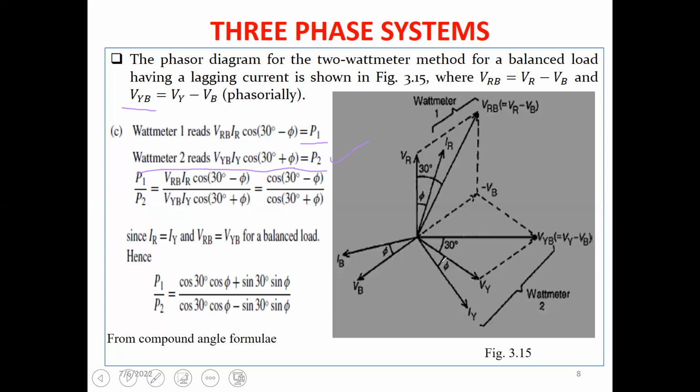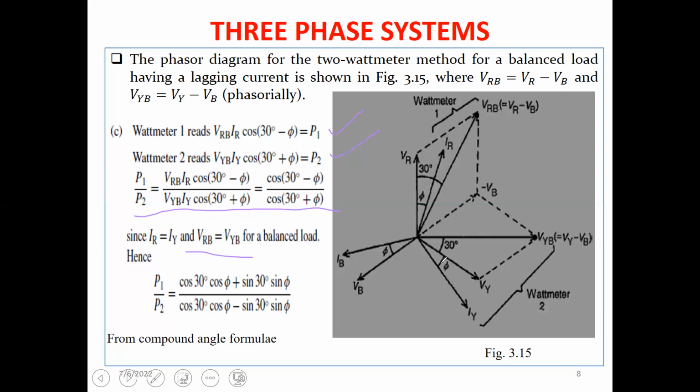Rearranging the two gives us this equation. Since IR is equal to IY, since the current in the red phase is equal to the current in the yellow phase, and the voltage across the red phase and the blue phase is the same as the voltage across the yellow phase and the blue phase for a balanced load, we substitute.